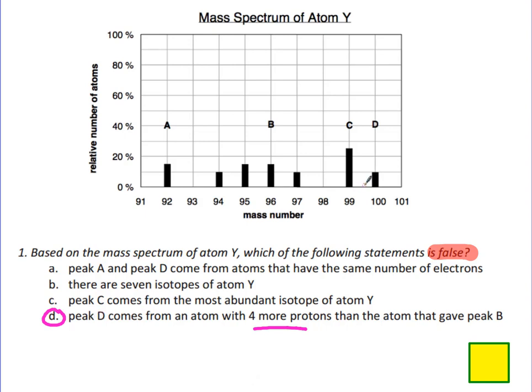Peak C is the most abundant because it's the tallest peak. There are 7 isotopes, 1, 2, 3, 4, 5, 6, 7. And we can't tell the number of electrons, but because it says atoms, the atoms have to have the same number of electrons. Otherwise, it would be an ion.